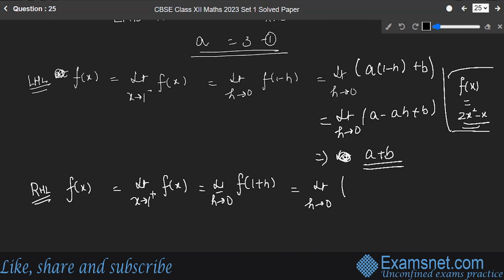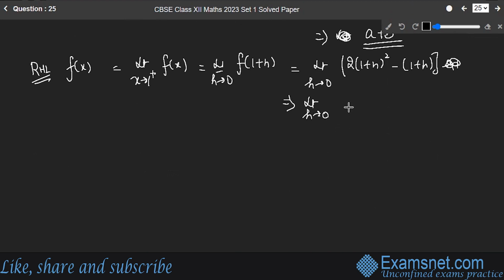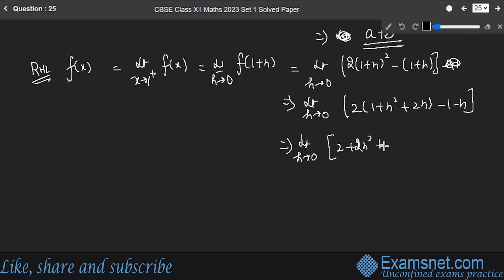So this becomes limit h approaching 0, 2 into 1 plus h whole square minus 1 minus h, which is 2 into 1 plus h square plus 2h, minus 1 minus h, which gives 2 plus 2h square plus 4h minus 1 minus h.